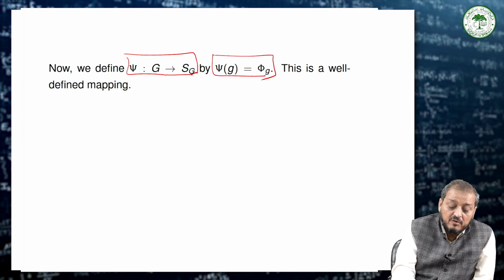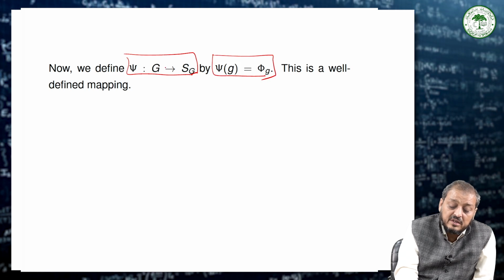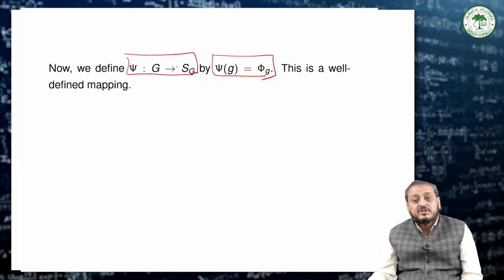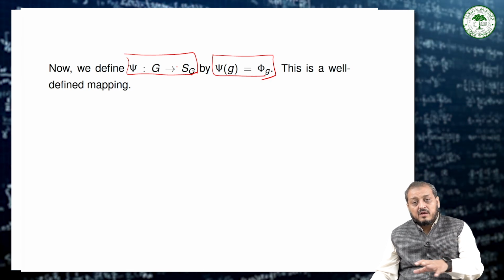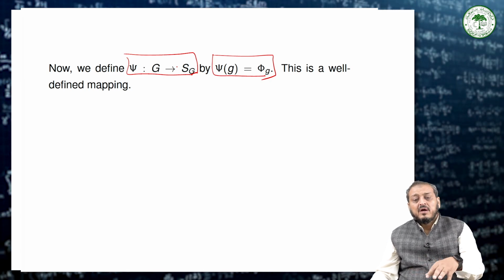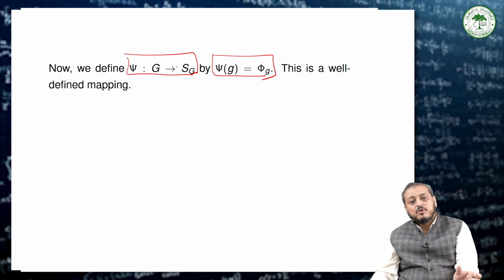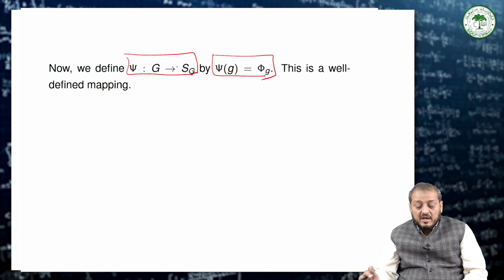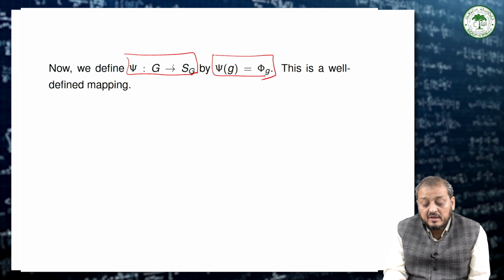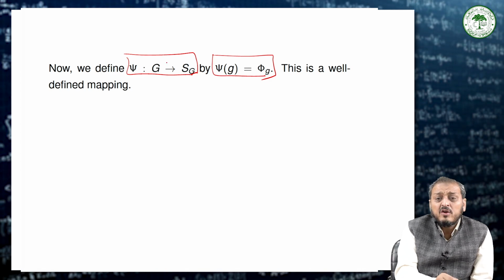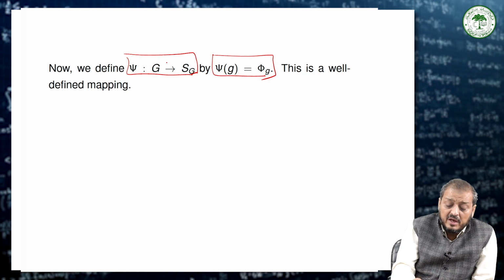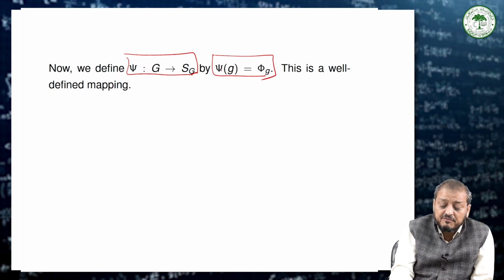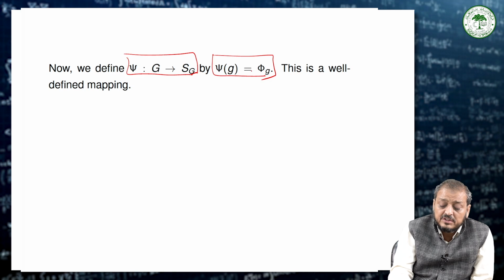If we show that psi from G to S_G is a one-one onto homomorphism, then we can say that G is isomorphic to a subgroup of S_G. So any group G is isomorphic to a permutation subgroup.